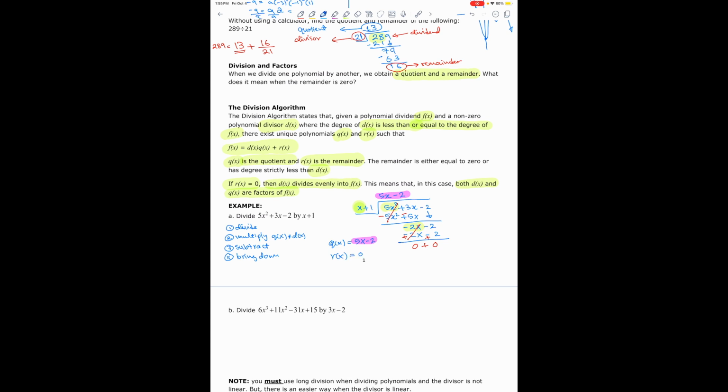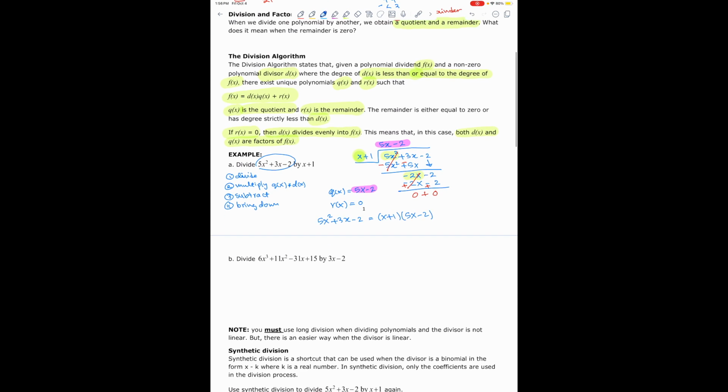Now we can write the function: 5x squared plus 3x minus 2 is equal to the divisor, x plus 1, times the quotient, 5x minus 2, plus 0. There is no remainder, which makes this a fully factored polynomial. But it's also a quadratic, and we could have factored that using the AC method.